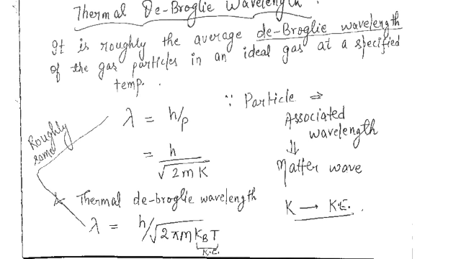Here it is not there, here it is there. The difference is only a pi factor. That is why we are saying it is roughly the same as the average de Broglie wavelength.